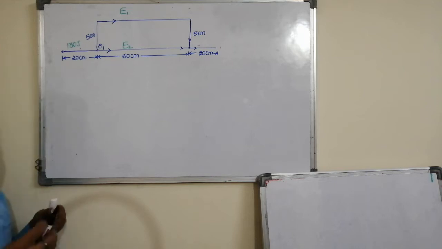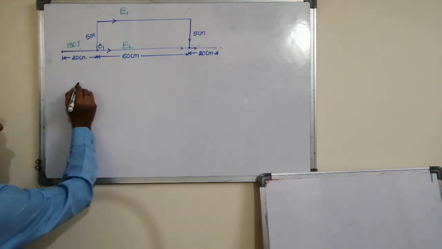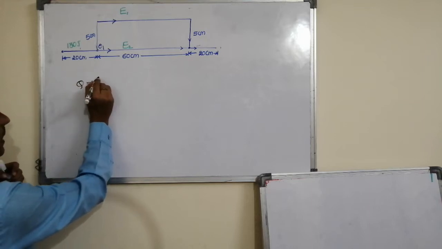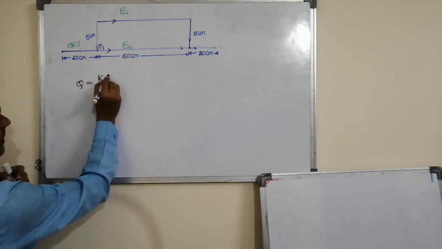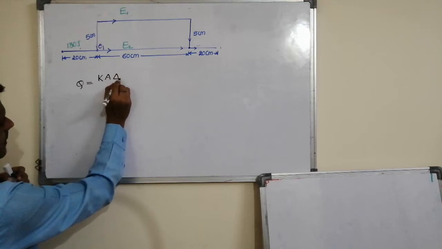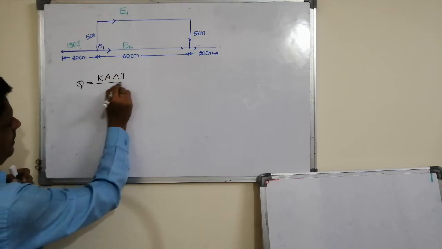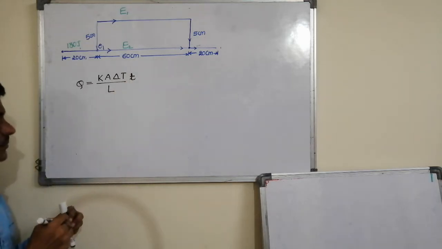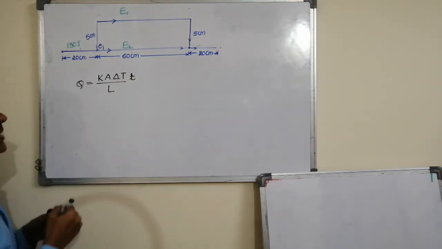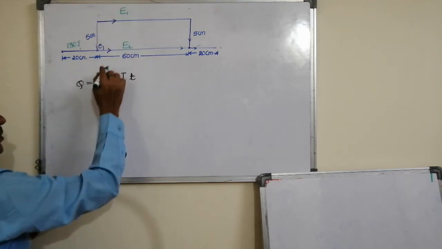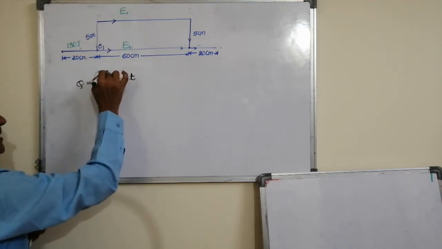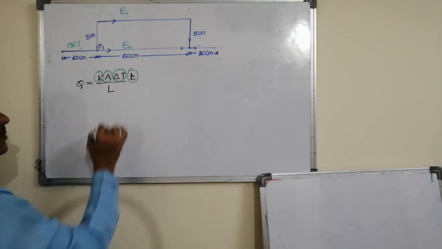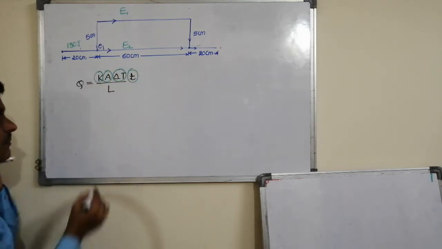As I told in the previous problem, heat energy flowing through a conductor is given by K A delta T divided by length, into time of flow of heat. If I take this portion and this portion, K remains same, A remains same, delta T remains same, and time of flow also remains same.